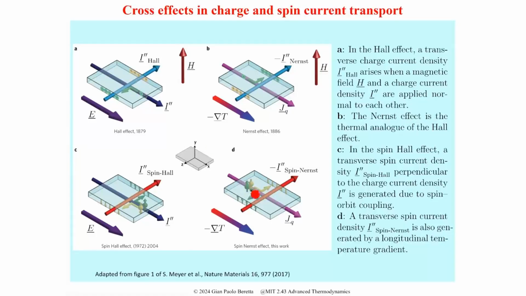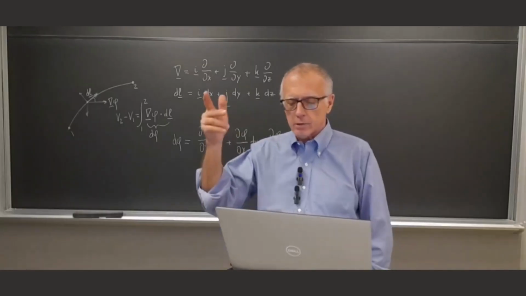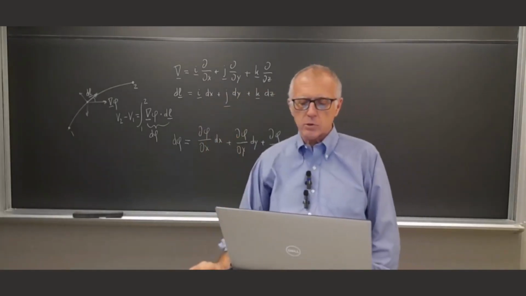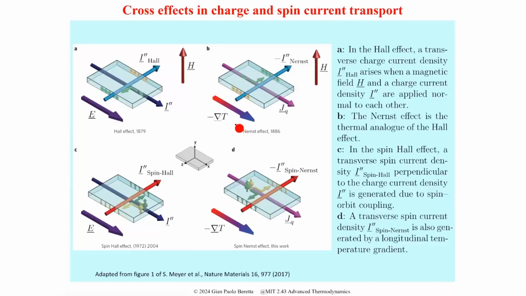These are effects that belong to the same category. One is called the Joule effect. H is the magnetic field. And the converse, or let's say the Onsager reciprocal effect, is called the Nernst effect.